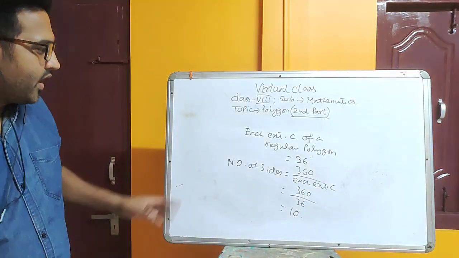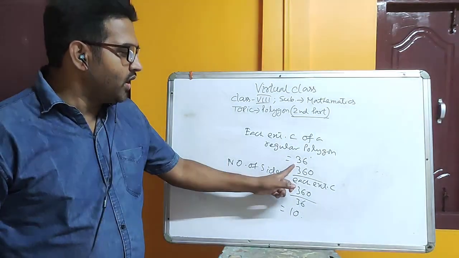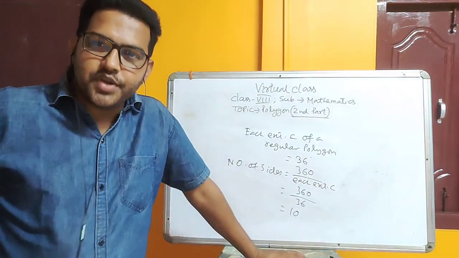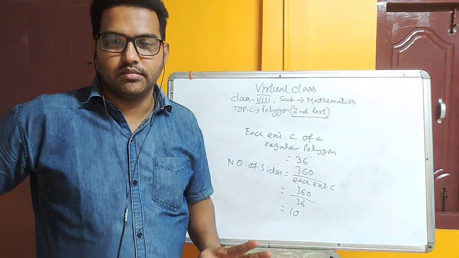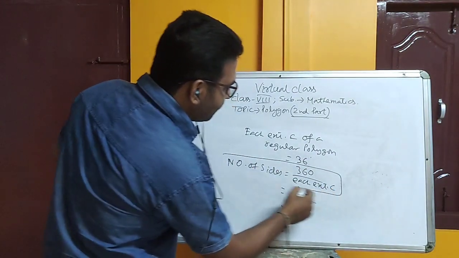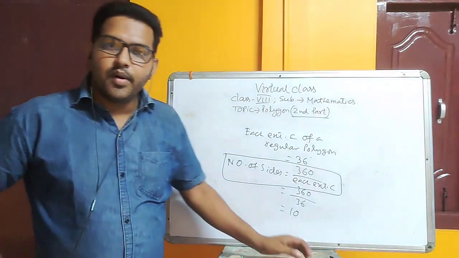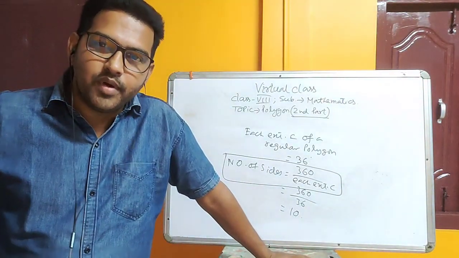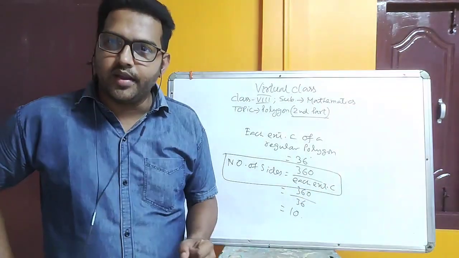Got this? So this is a formula. Number of sides is equal to 360 by each exterior angle in case of a regular polygon. You just anyhow remember this formula to find the number of sides of each regular polygon if you are having the measure of each exterior angle.